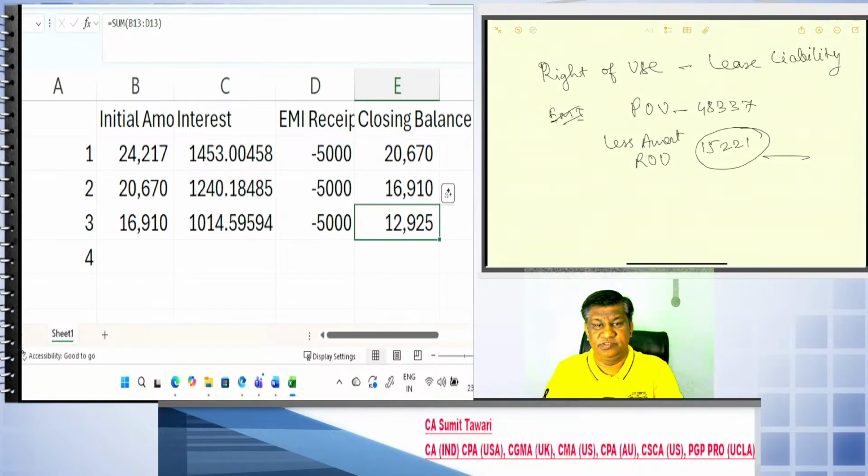I just do it like this. Okay. So this we need to reduce from the lease liability. But my entire lease expenses I need to consider, because the asset amortization is on the basis of 48,337. So it is like I'm just adding one more table.